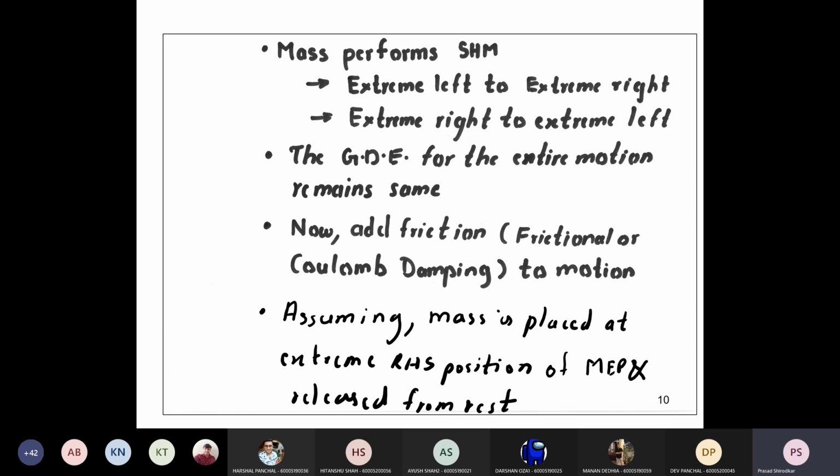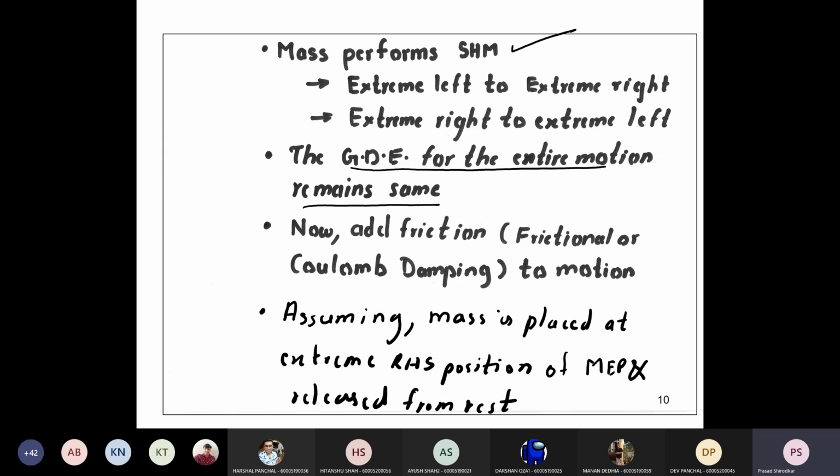The mass is performing simple harmonic motion. It is moving from extreme left to extreme right, and from extreme right to extreme left. The governing differential equation for the entire motion remains the same, whether it is on the right hand side or left hand side of the mean equilibrium position.